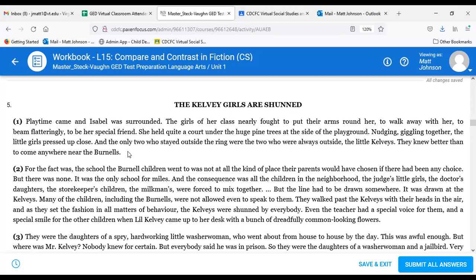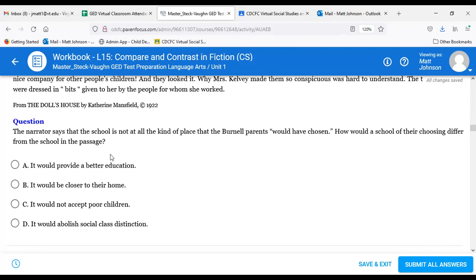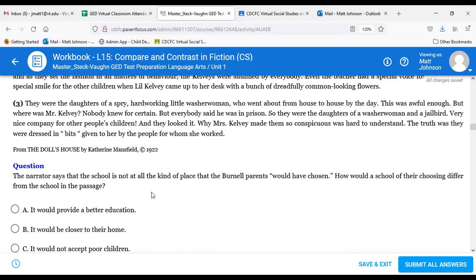Christiana, can you take number 5 for us? Okay, number 5. The narrator says that the school is not at all the kind of place that the Burnell parents would have chosen.